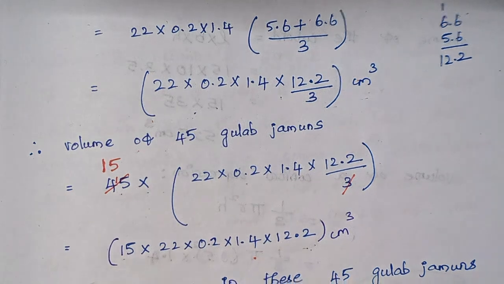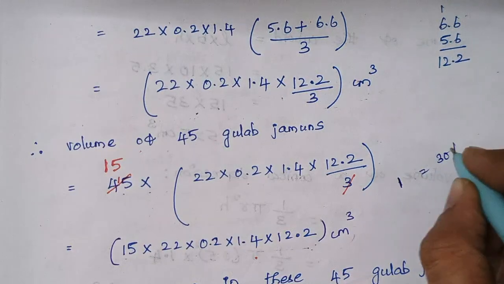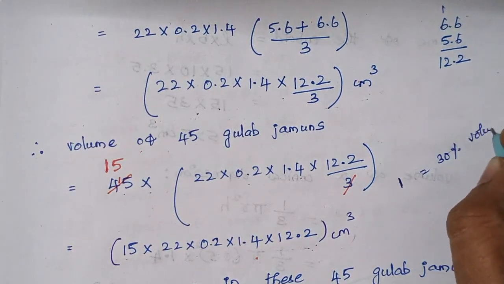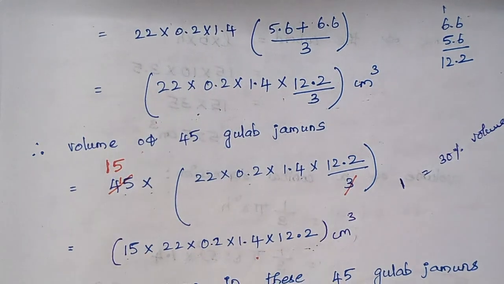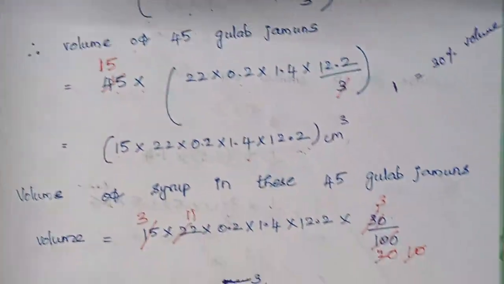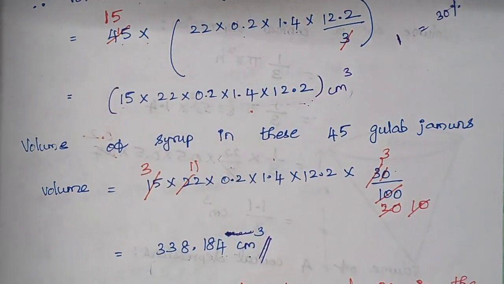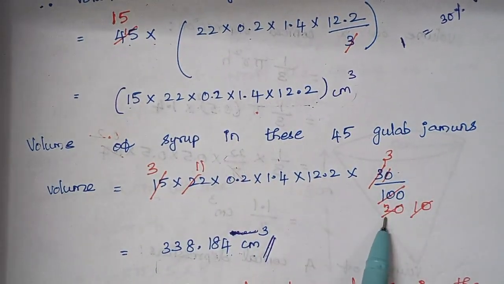But what we actually need to find is the volume of the syrup which is consumed by 45 gulab jamuns, right? So the thing is, a single gulab jamun consumes 30% of its volume, right? Now what about 45 gulab jamuns? You have to multiply this entire expression by 30%. So this entire expression gets multiplied by 30 by 100.